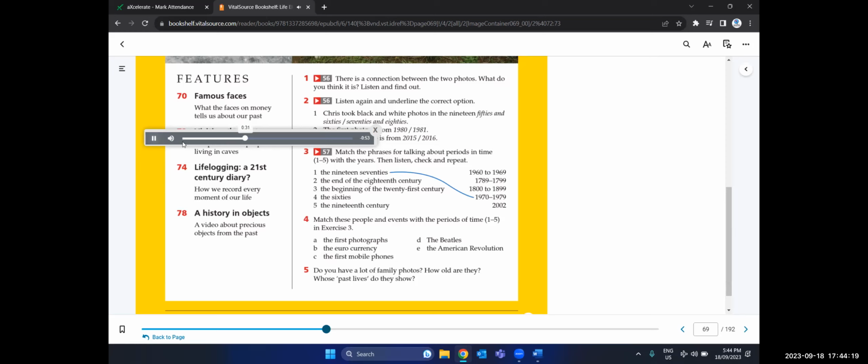The beginning of the 21st century, 2002. 4. The 60s, 1960 to 1969. 5. The 19th century, 1800 to 1899.